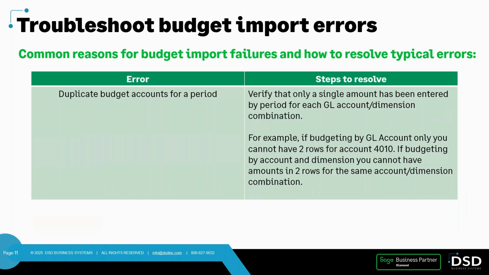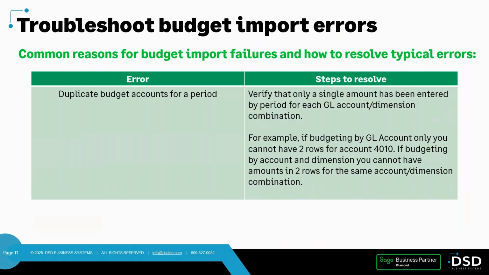Duplicate the budget account for a period. This pretty much means if you have a GL account only and you have 2 rows for that same account, like the example that is showing, 4010, because you have the same exact GL account, it will give you an error. And if you're budgeting with accounts and dimensions and you have the same exact 2 rows and the combination of those accounts and dimensions, it would also give you an error.